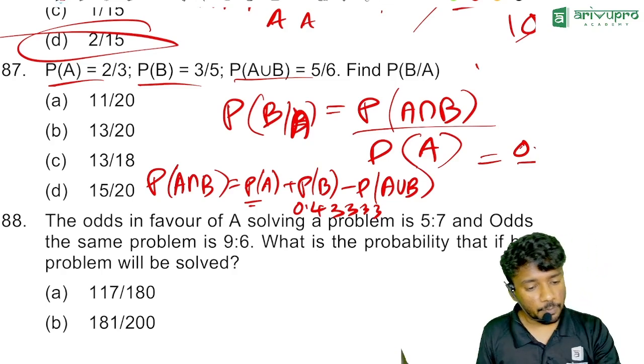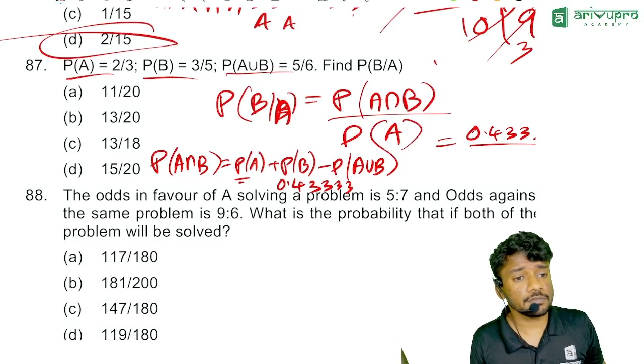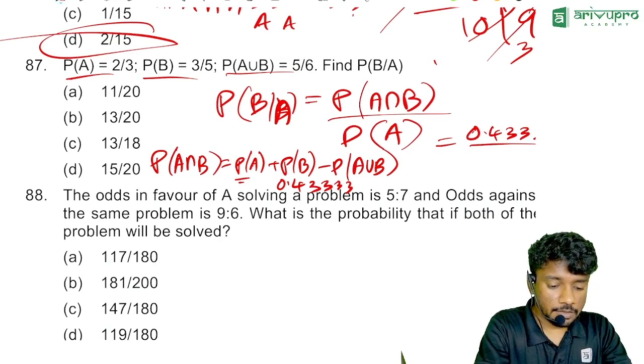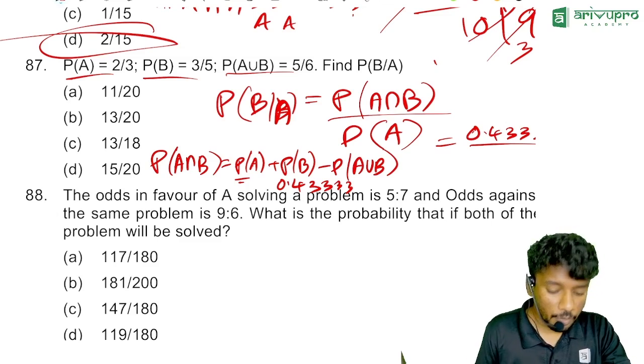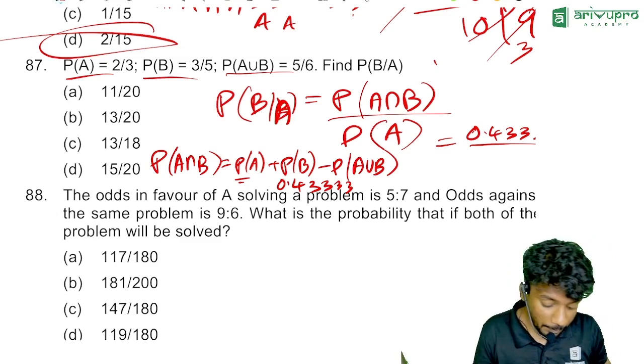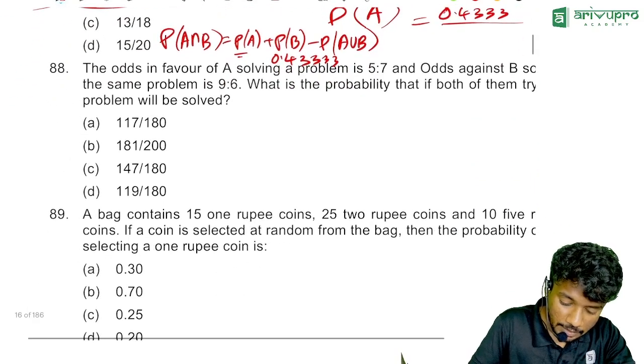You will get it as 0.289 something. So which is the answer? 13? How much you got? 13 by 20. Fine. Got it? Yes. Next one.